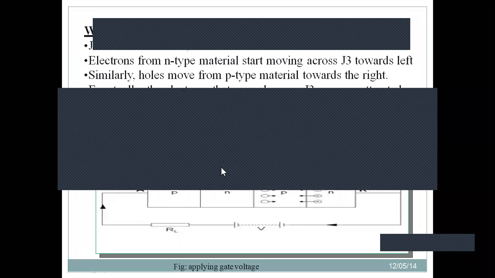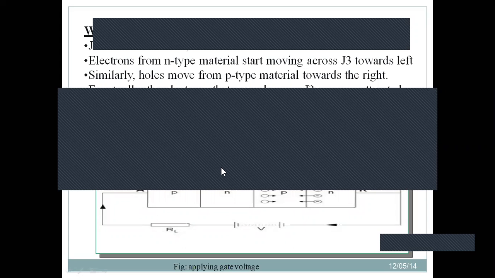The gate must be connected to the SCR such that it will turn on the SCR. It is just one of the mechanisms to turn on the SCR.